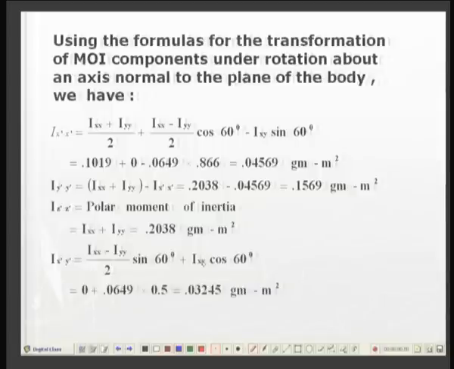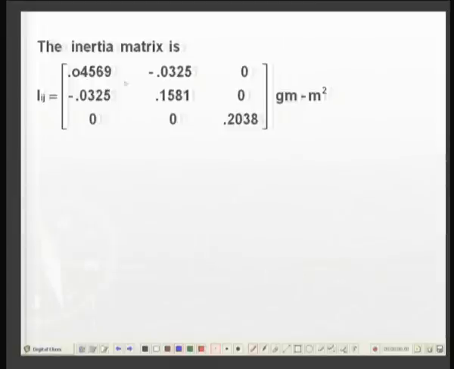Finally, all the components of the matrix. If I put it in the matrix form, these are Ixx, Iyy, Izz, and the Ixy terms. Now, Ixz and Iyz: because the plate is of uniform thickness, and the xy plane is lying in the mid thickness, you can say the plate is symmetric about the xy plane, and hence Ixz and Iyz are 0.